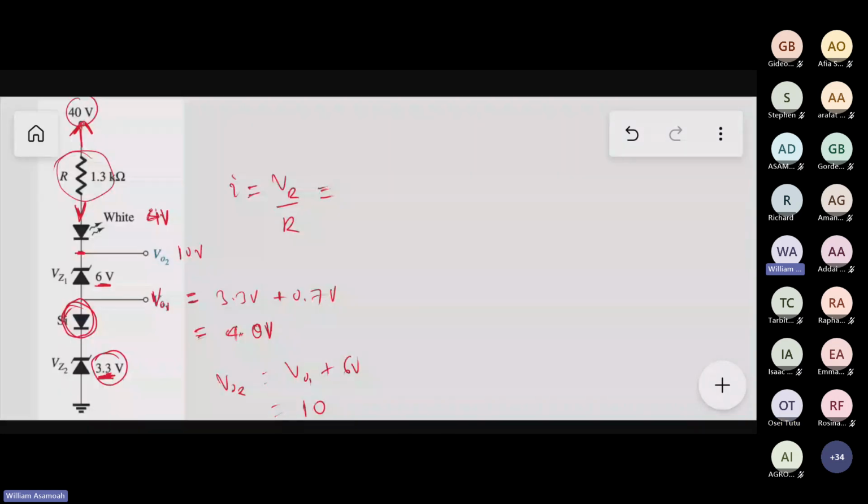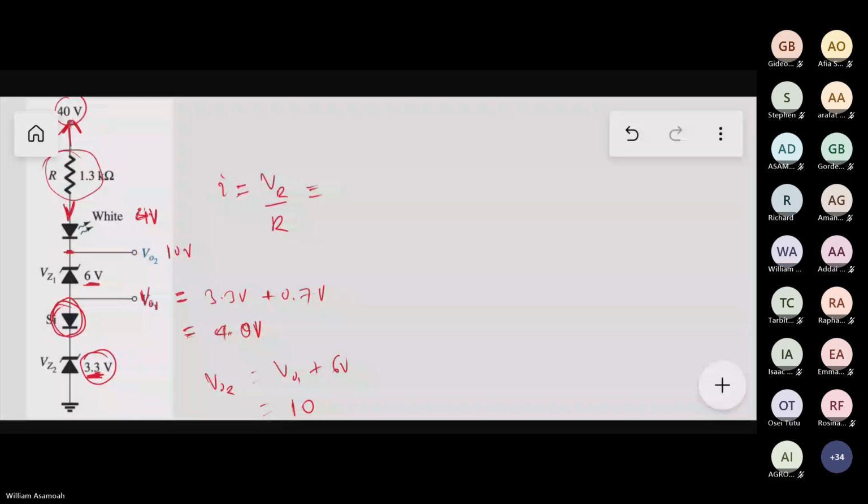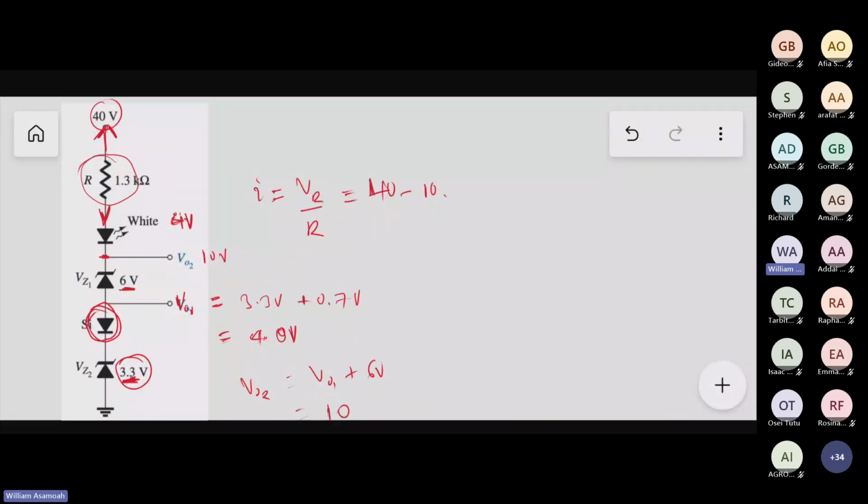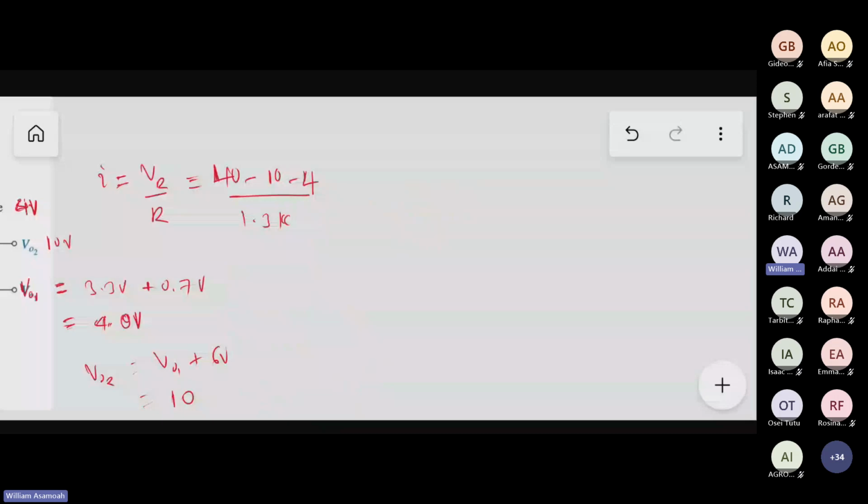So the current will be 40 minus 10 minus 4 all over the resistance, which is 1.3K. That is 26 over 1.3K. And so what do we get? 20 milliamps. So the LED will turn on for us, and we still get the reference we need.